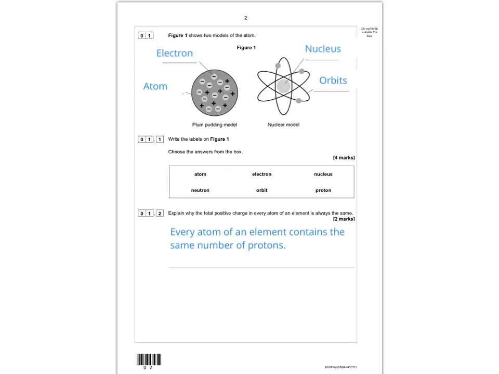Oxygen contains 8, etc. The next marking point is saying that the protons provide the atom with a positive charge, and that is why all atoms of any element have the same positive charge. You get the positive charge from a proton, which is this marking point here, and each atom of any element will have the same number of protons, therefore they have the same positive charge.